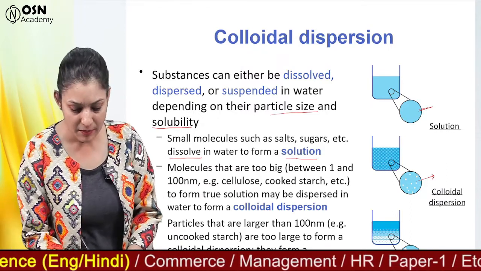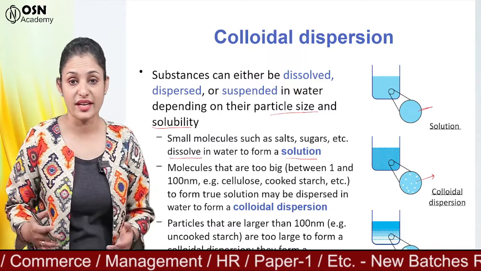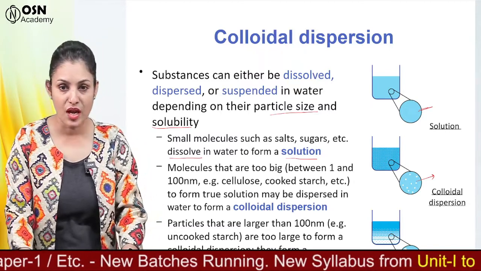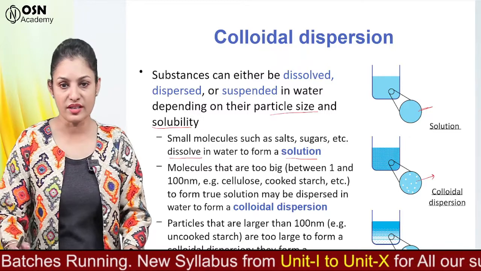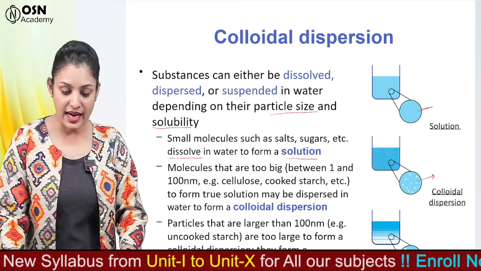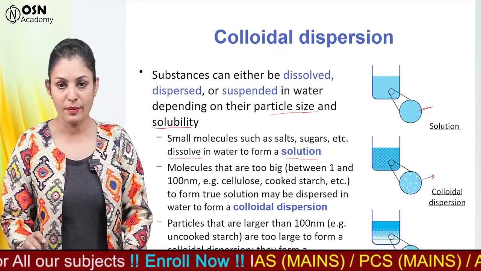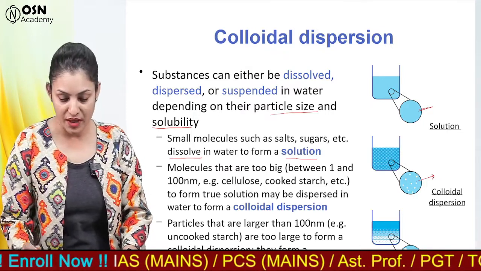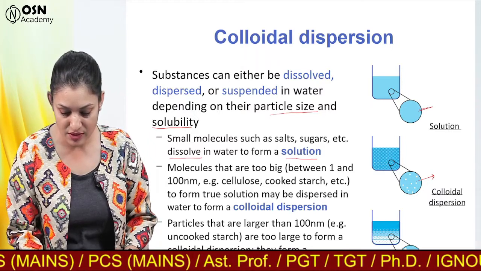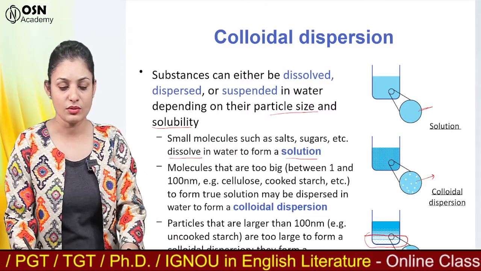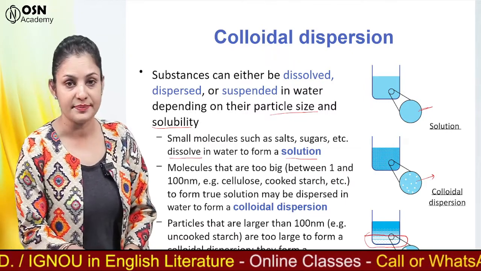Other particles that are very large, more than 100 nanometers, like uncooked starch, are too large to form a colloidal suspension, so they are suspended in the liquid and cannot be mixed with the water. You can see the molecules in suspended form, settled down in the vessel.